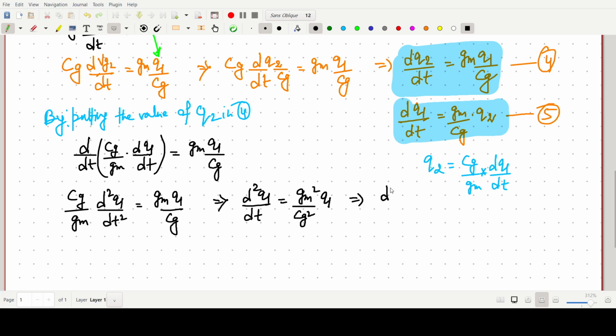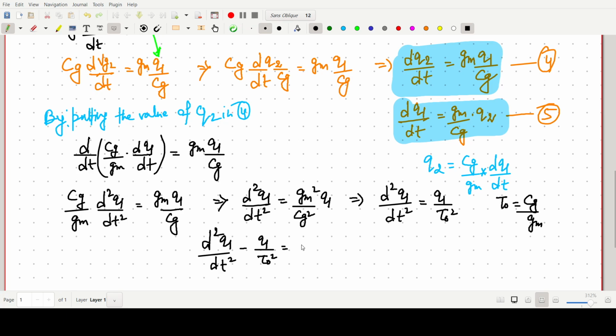The same equation can be written as d2Q1 by dt squared, a second order differential equation, minus Q1 by tau naught squared equals 0, where tau naught equals Cg by Gm.